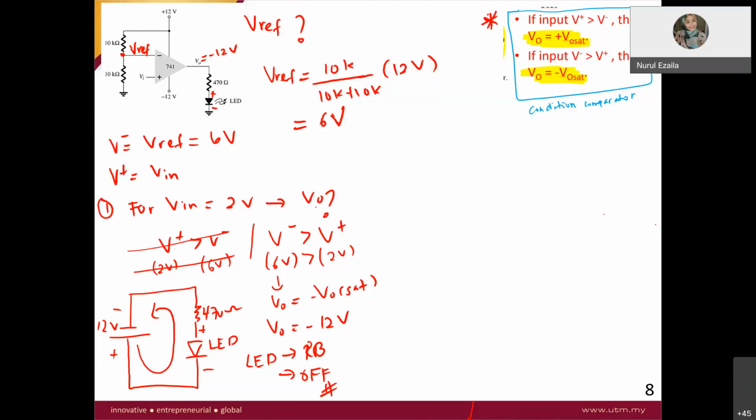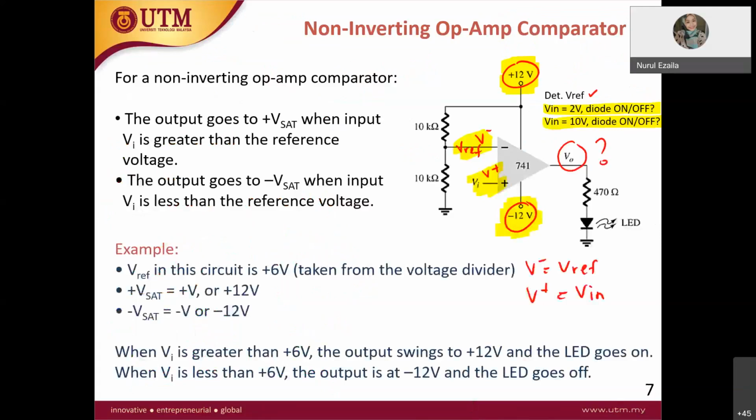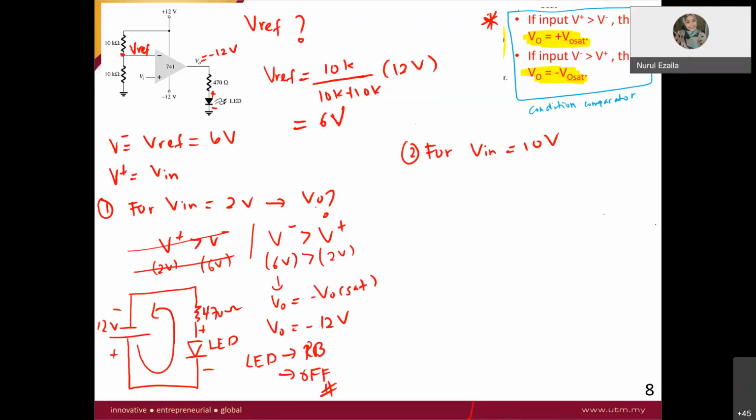So let's take a look at this one. V in 2 volt. For example, the second one, V in 10 volt. Is the diode on or off? You need to find your V out first. So what will be your V out?